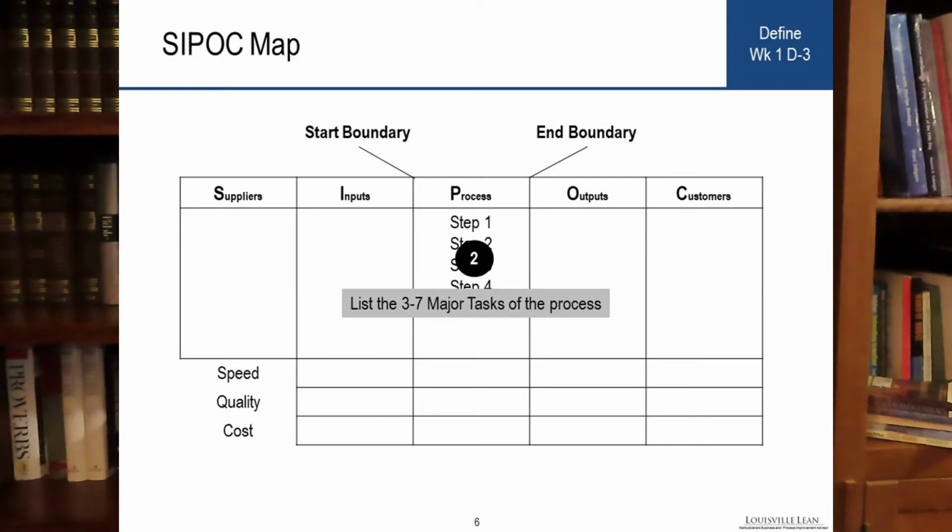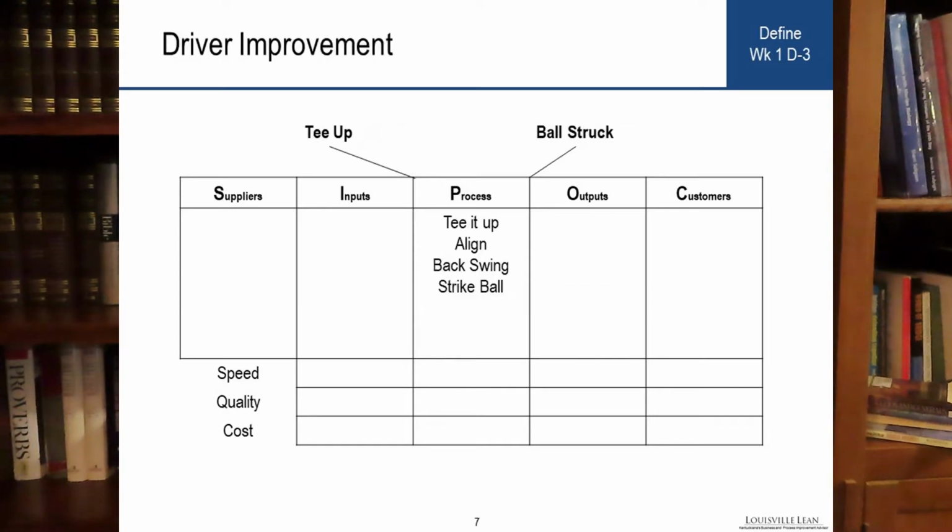We don't want to go into a lot of detail here. Think that we're flying at 30,000 feet. We might be able to see a couple of interstate highways going in and out. We might be able to see a river, but we're not going to tell street names if we're 30,000 feet above. Well, that's kind of what we want right here. And so in my process, my swing, it's tee it up, align it, backswing, strike the ball.